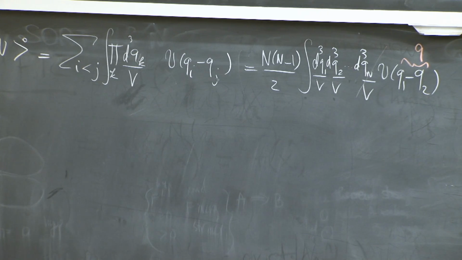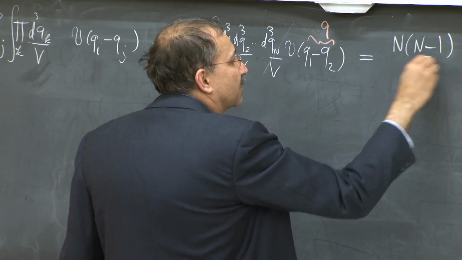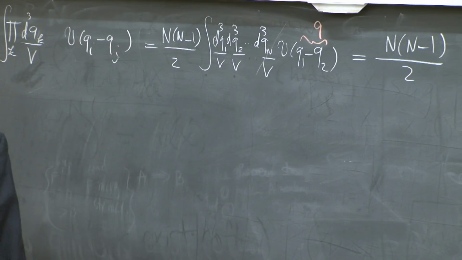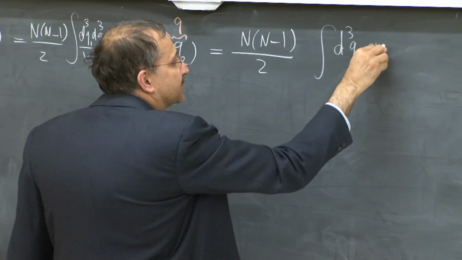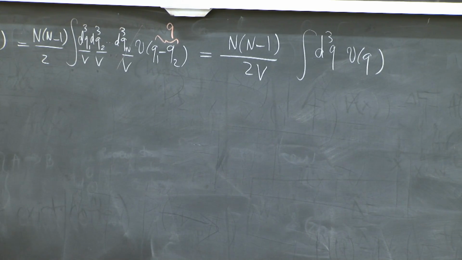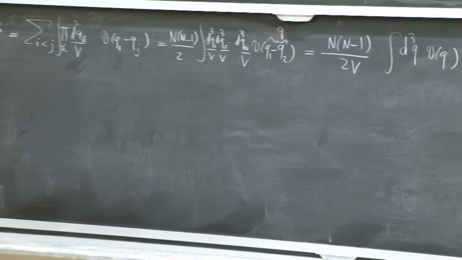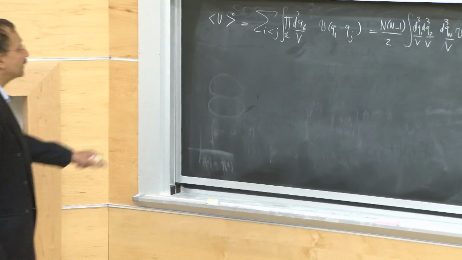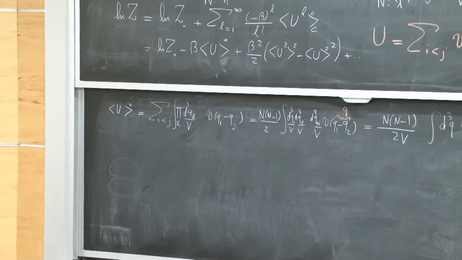The integral over q1 would also give me 1 when I divide by the volume. So the answer is going to be n times n minus 1 over 2, which is the number of pairs, times the integral over the relative coordinate of the potential. There's a factor of 1 over V that I can put out here. So you tell me what the first pair potential is, and I tell you that this is the first correction that you will get once you multiply by minus beta to log z, from which you can calculate the partition function, etc.